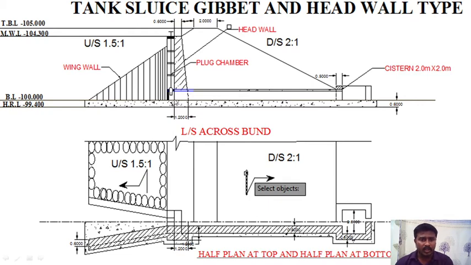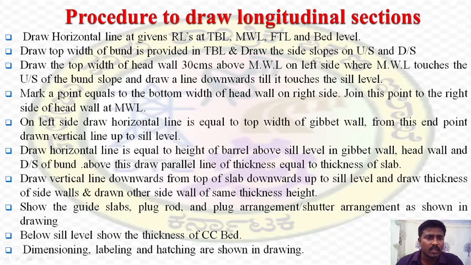Then you have to mark with respect to the bottom distance, that is 1.2 meter, you measure it, then draw an inclined line with respect to this point. So you have a head wall. Next, on the left side draw a horizontal line equal to the top width of the gibbet wall.